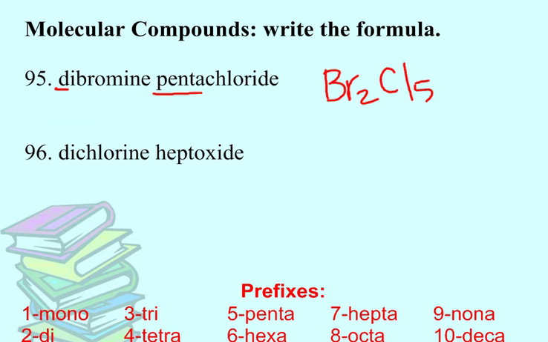For 96, dichlorine means that there's 2 of them. Then hept is the prefix for 7, an oxide, so 7 oxygens. And that's how you write molecular compounds.